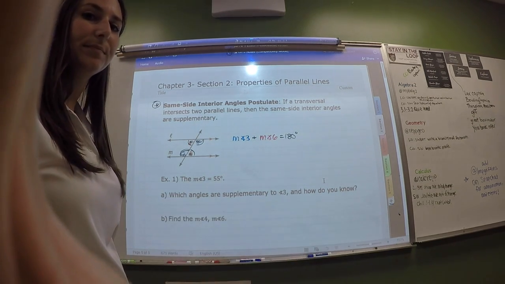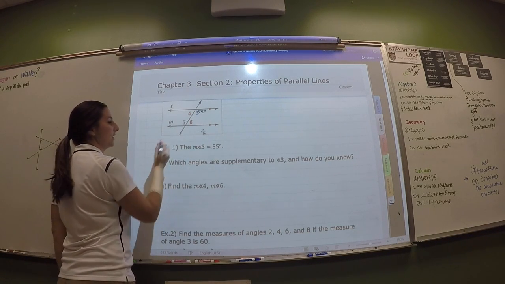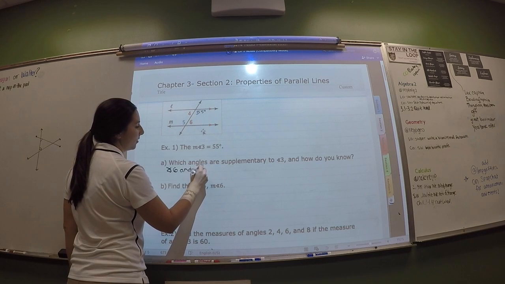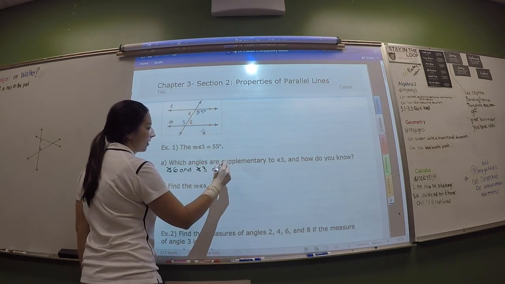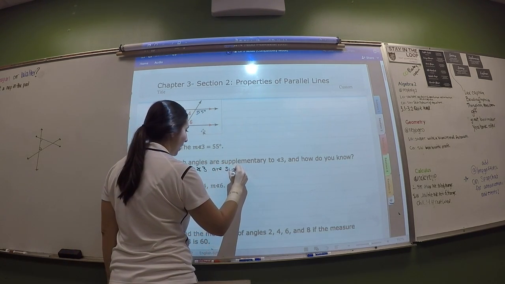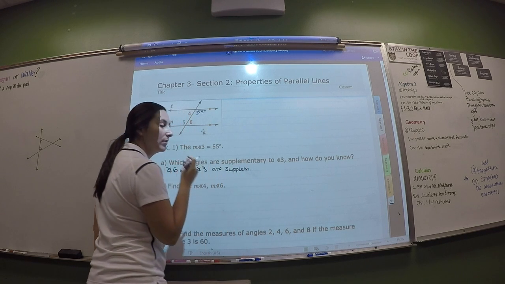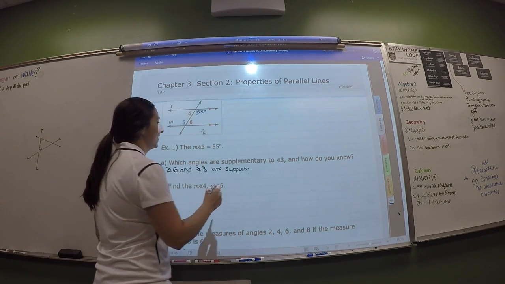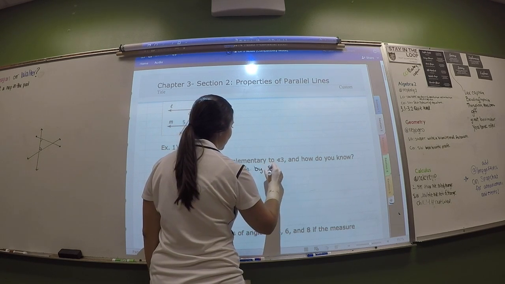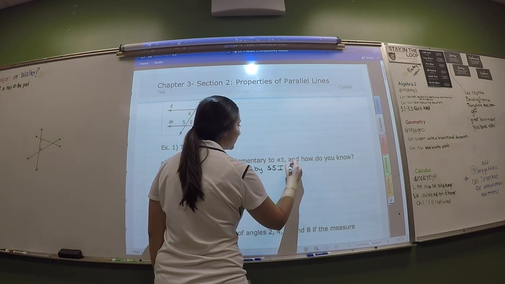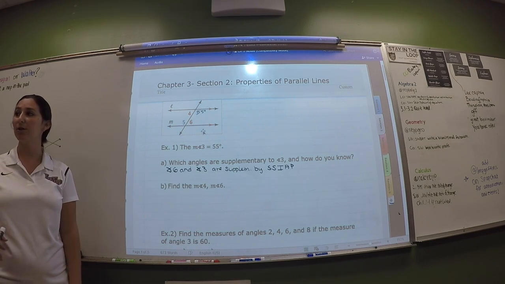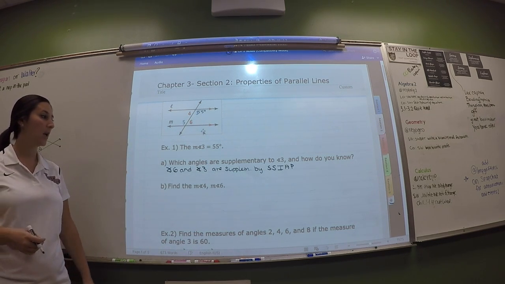So angle 6 and angle 3 are supplementary, but why? Okay, by the same side interior angles postulate, because they're same side interior angles and they're parallel lines.